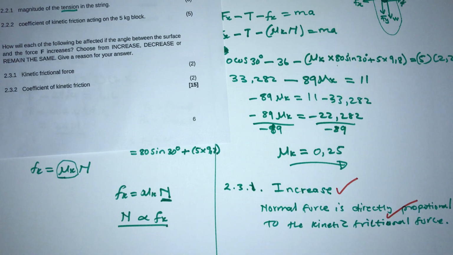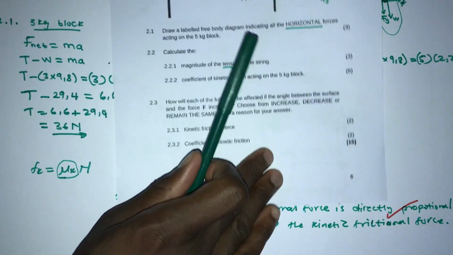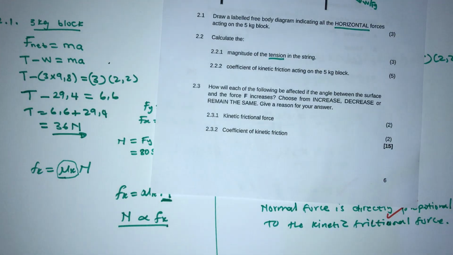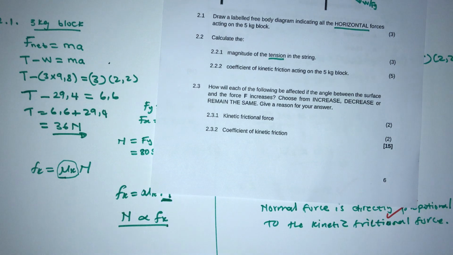Now 2.3.2, they want to know what's going to happen to the coefficient of kinetic friction. So what we know about the coefficient of kinetic friction is the coefficient of kinetic friction, it depends on the nature of the surface. So the nature of the surface, we're talking about the rough horizontal surface or the smooth surface, but that is the nature of the surface.